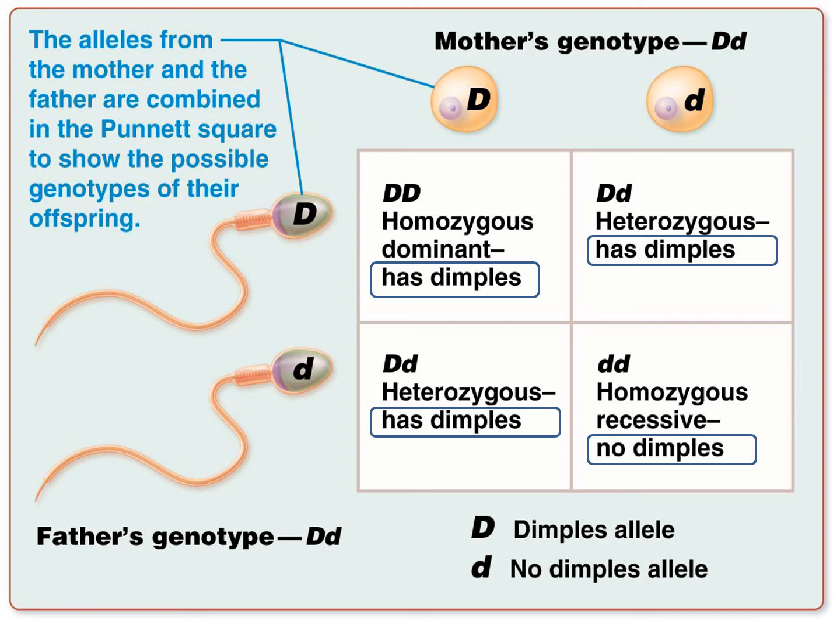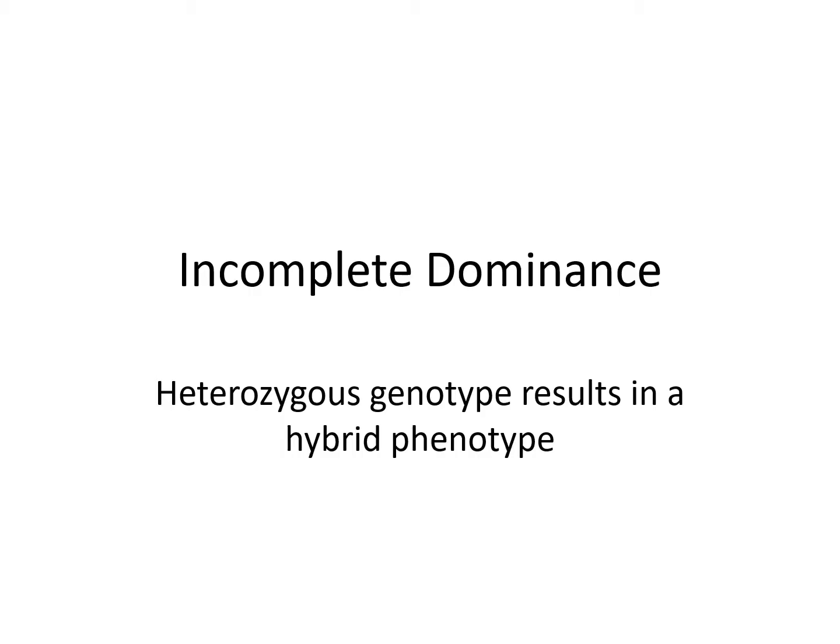So whenever you have that dominant allele, it will express. In order to get the recessive trait, you need both recessive alleles. So that was an example of complete dominance. Again, in complete dominance, whenever you have the dominant allele, it will express as the phenotype. You can only get the recessive trait when you have 2 recessive alleles.